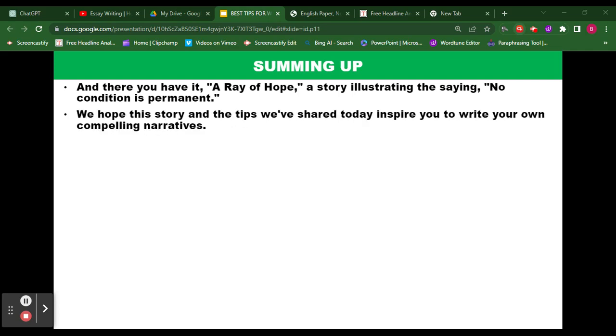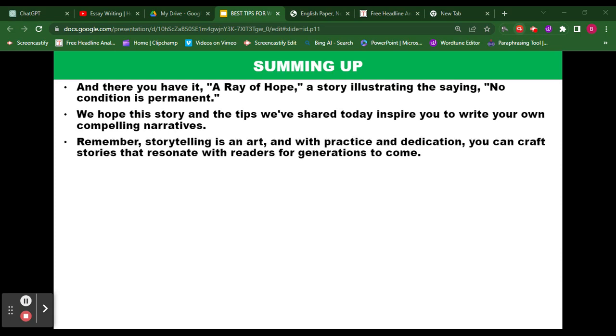We hope this story and the tips we've shared today inspire you to write your own compelling narratives. Remember that storytelling is an art, and with practice and dedication, you can craft stories that resonate with readers for generations to come. Happy writing.